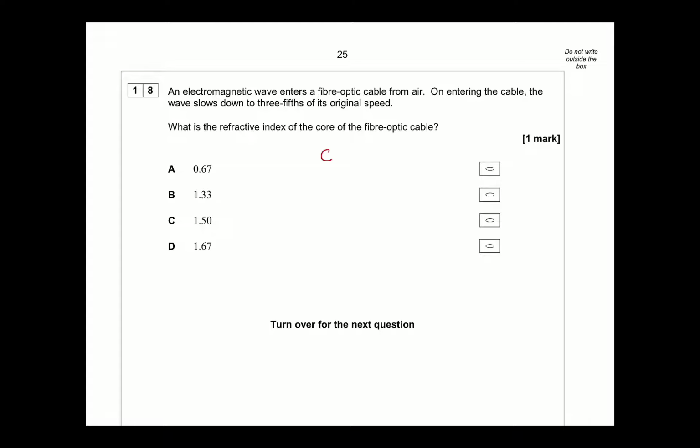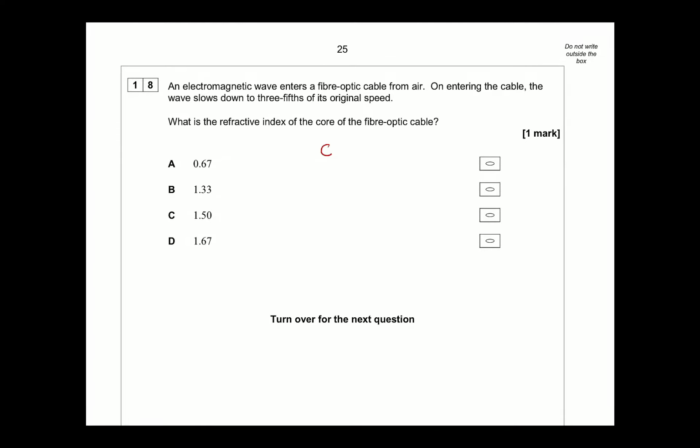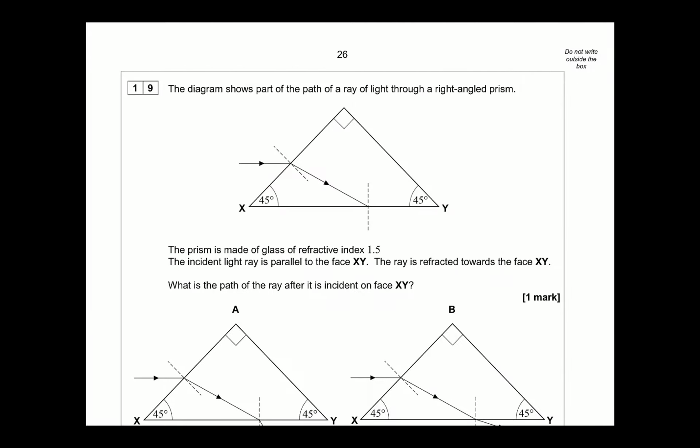So we've got c divided by our new speed, which is 3/5 c. That cancels out, so it's 5/3, 1.33.